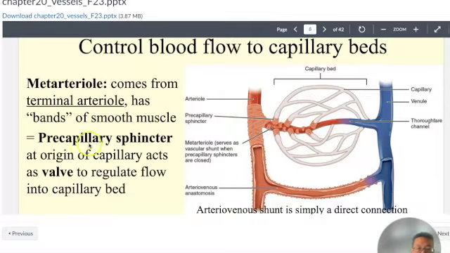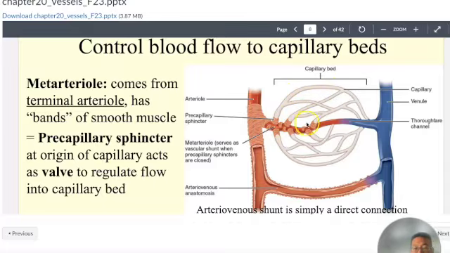Precapillary sphincter. So there is a little thing called a precapillary sphincter. A sphincter is like this. It can control blood going in and out. It's like a valve. Let's say you need blood here, then the sphincter will open.